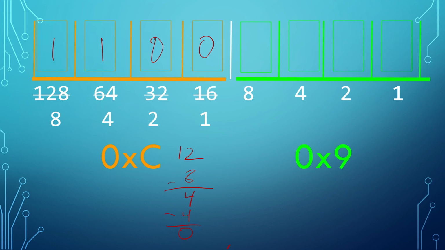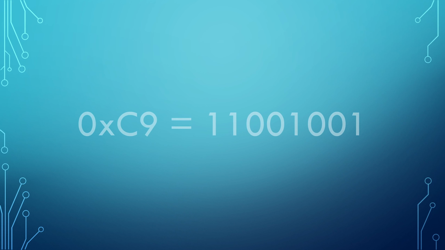Well, 9 minus 8 is 1. So I put a 1 here. Then I can't do 1 minus 4. Can't do 1 minus 2. But I can do 1 minus 1. Boom. So the answer for 0xC9 in binary is 11001001.